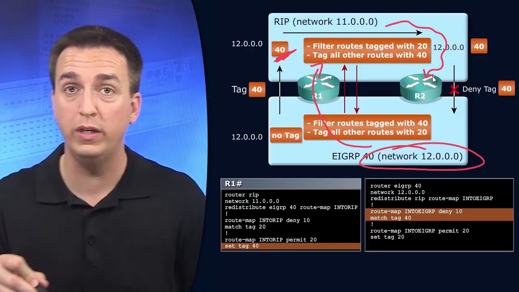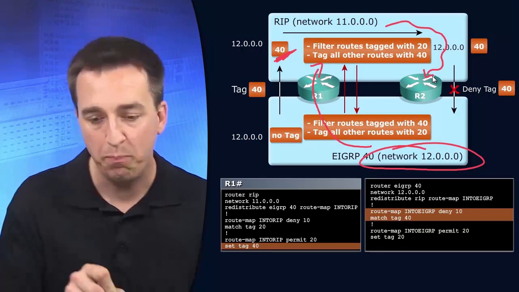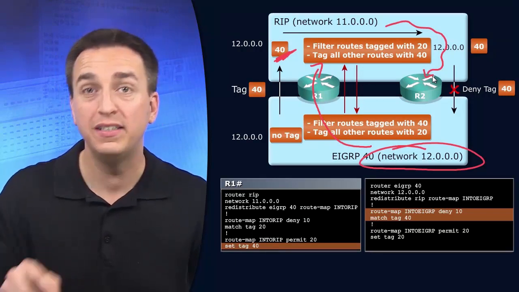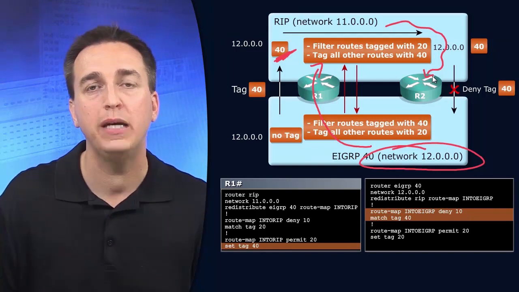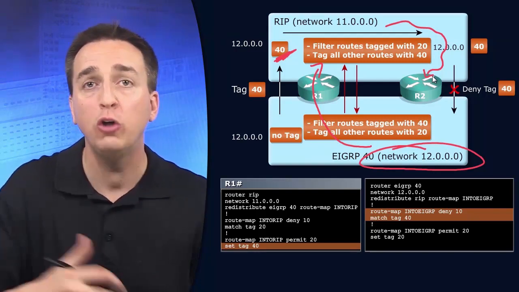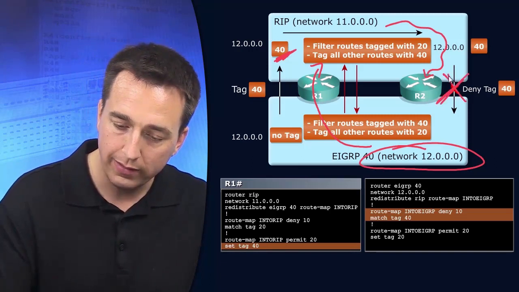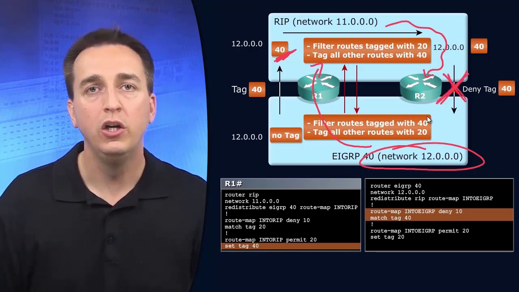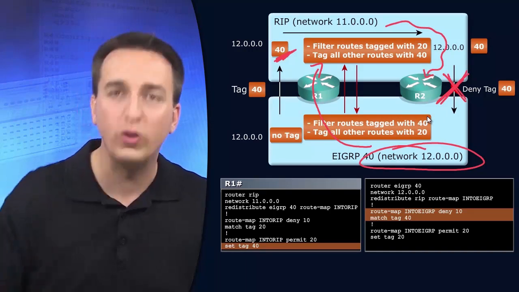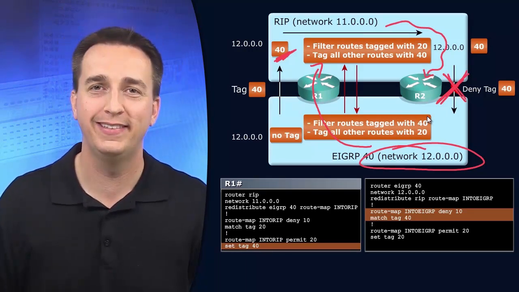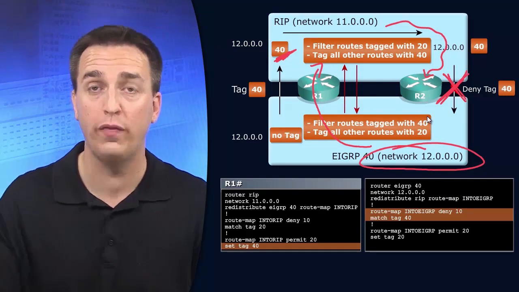So route map, redistribute, deny 10, match, tag 40. And since it's a deny sequence, it means do not redistribute those routes with a tag of 40. So now we are, as we see here, denying it from coming back in. So the 12 network won't be redistributed back into the EIGRP environment. So we can control it that way.